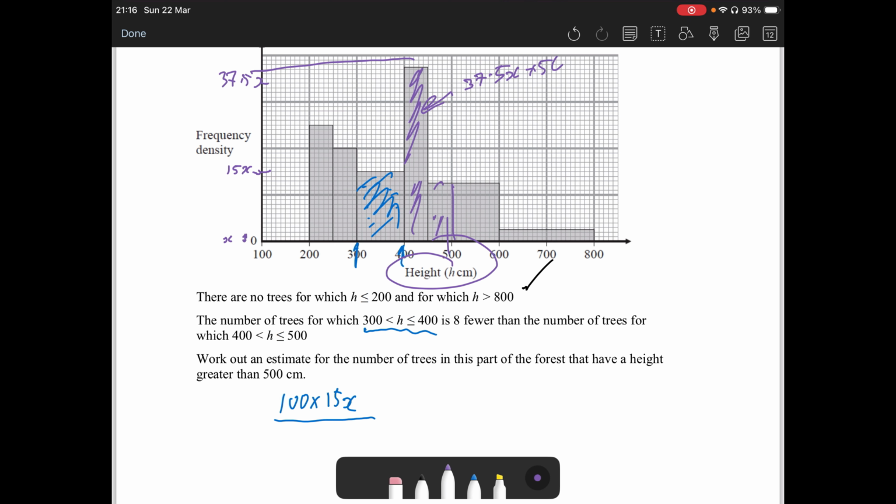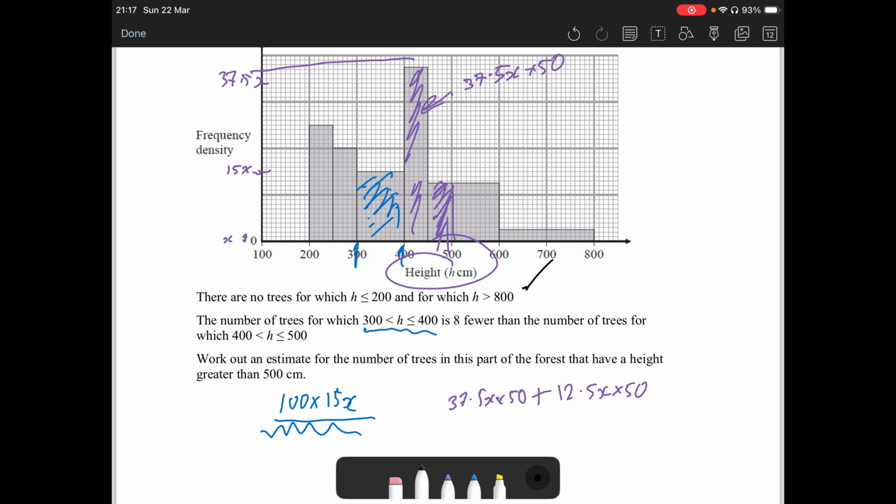Oh my word. And obviously this bit of the rectangle on the bottom, and again it's another nasty one, is 12.5x times 50. Now to make matters worse, it's saying that this first blue rectangle is 8 fewer.